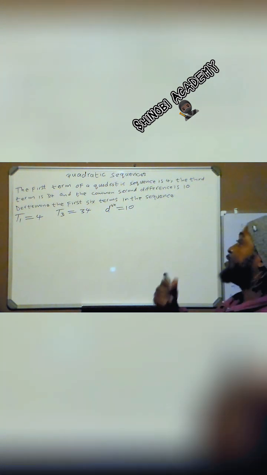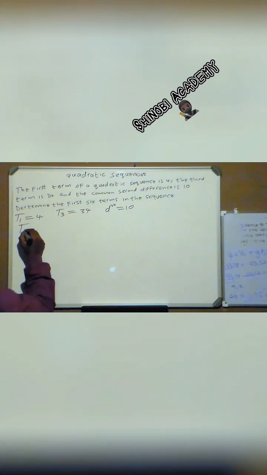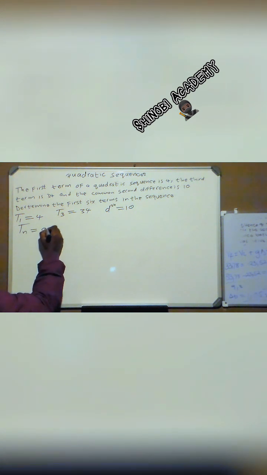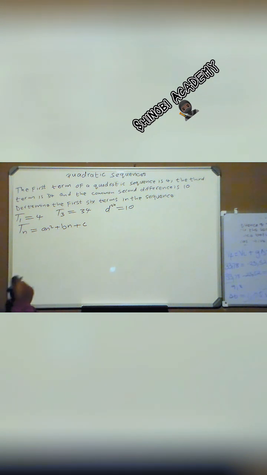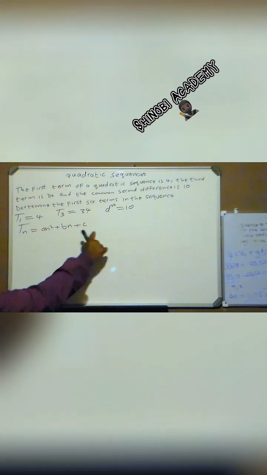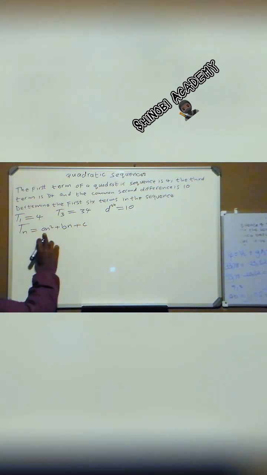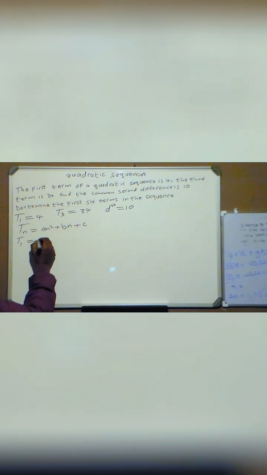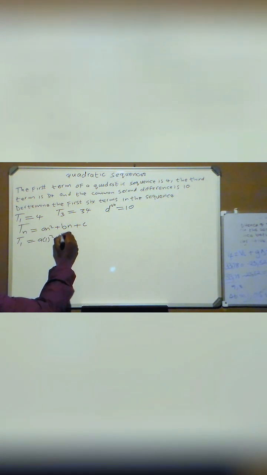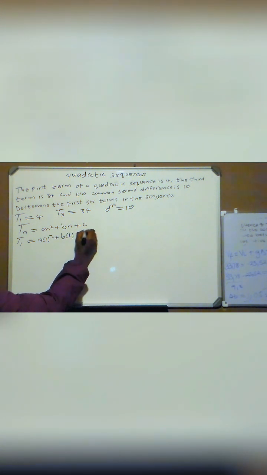So we have T1 and T3. We already know that the general term of the quadratic sequence is given as Tn equals an squared plus bn plus c. For T1, the n value is 1, so T1 equals a times 1 squared plus b times 1 plus c.